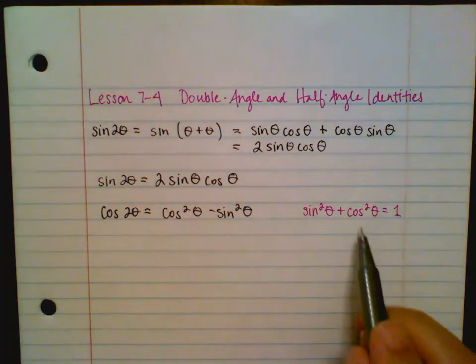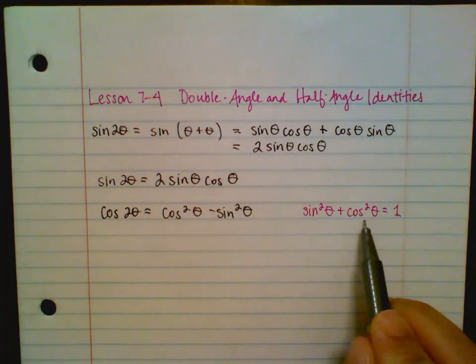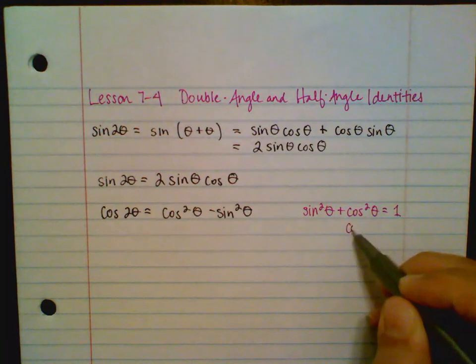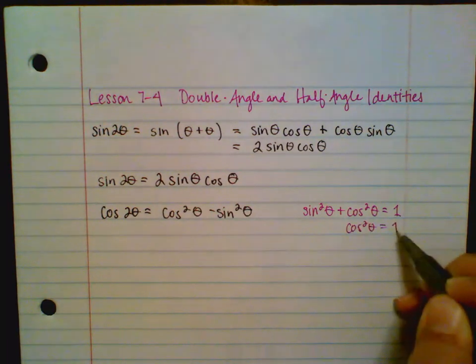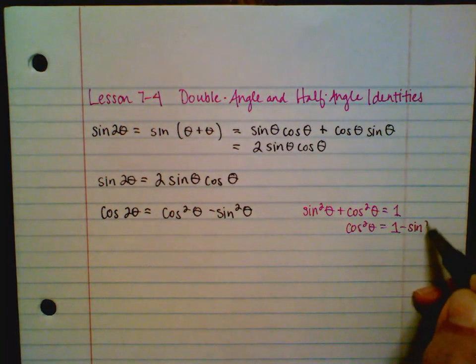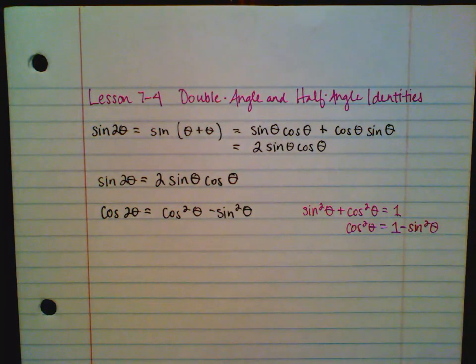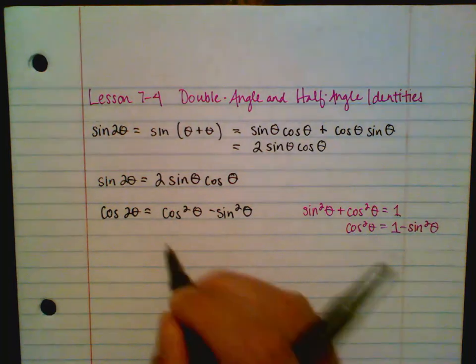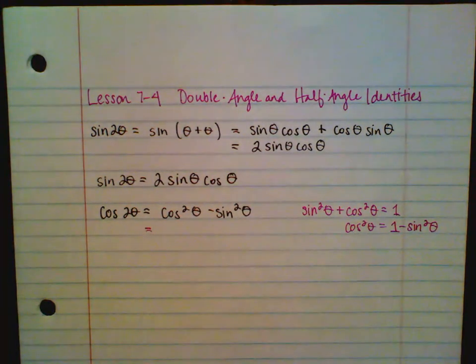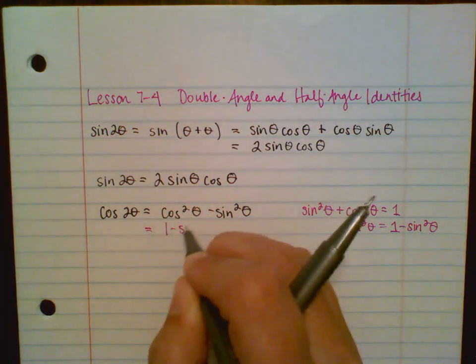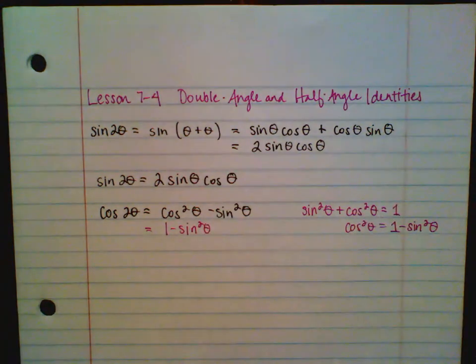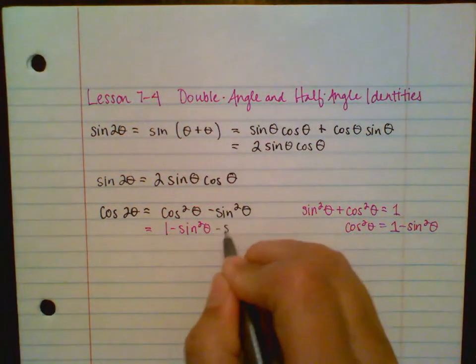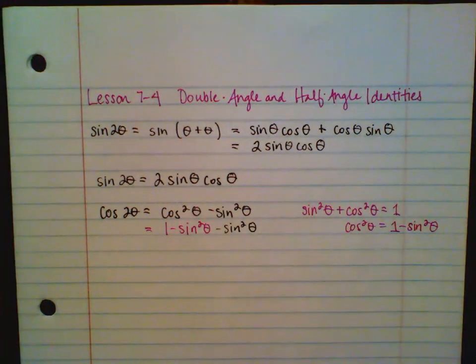In order to solve for cosine squared theta here, I can subtract sine squared theta from both sides. And then I'm actually going to substitute this for cosine squared theta. This will equal 1 minus sine squared theta minus sine squared theta.